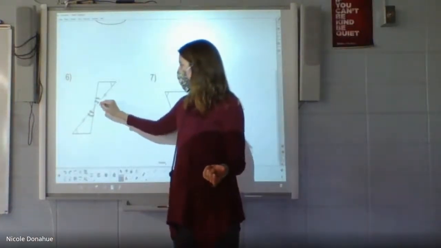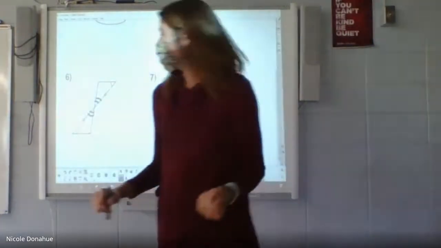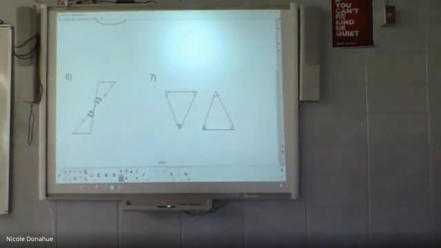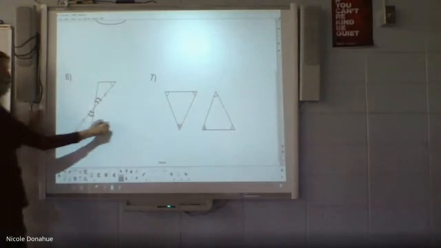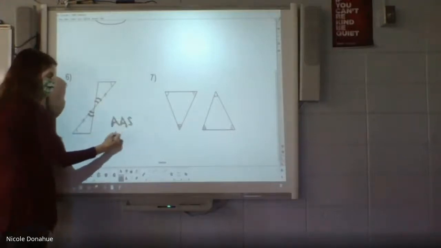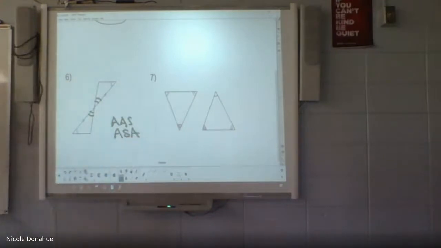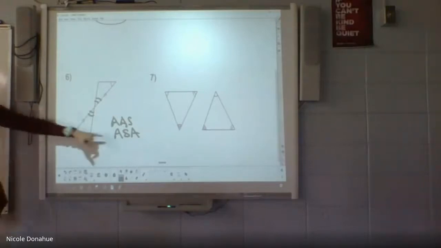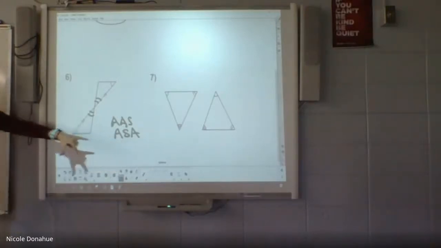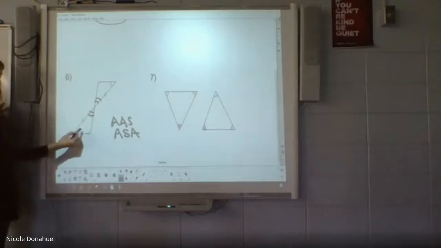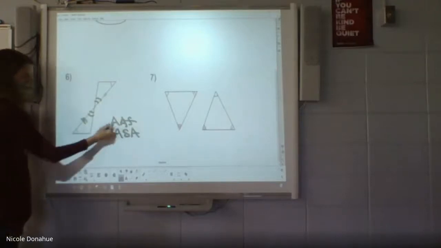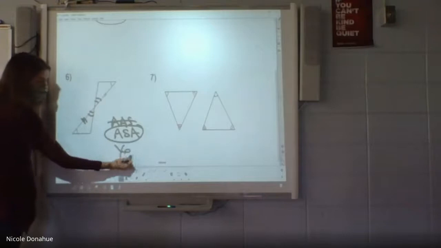Careful here, guys. What do we know 2 of? We know 2 angles. So this is either going to be angle, angle, side, or angle, side, angle. Careful, some of you guys had side, angle, side. This time, is it the side between the 2 angles? Yep, 2 angles and the side between them. So it's this one.